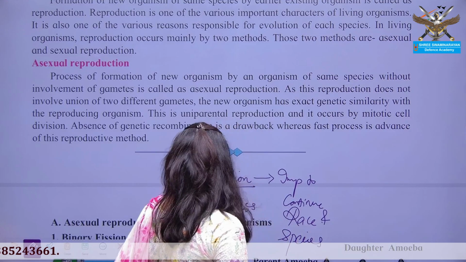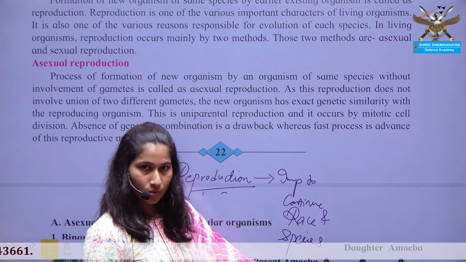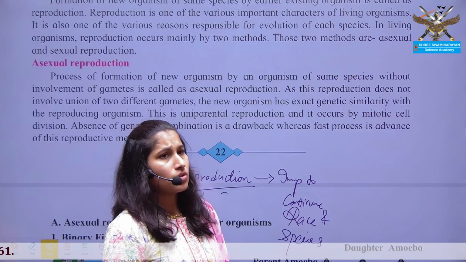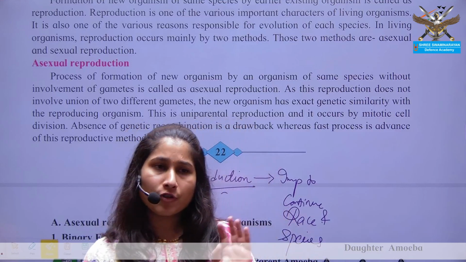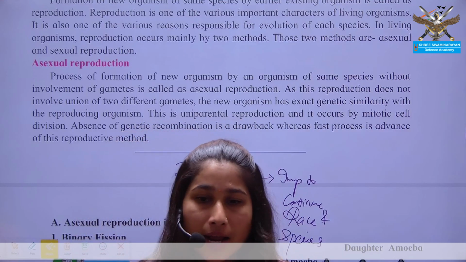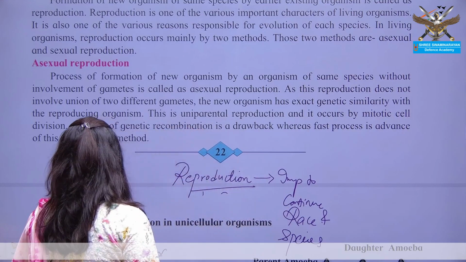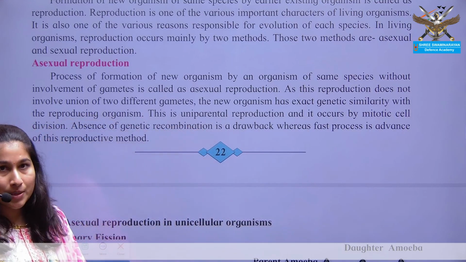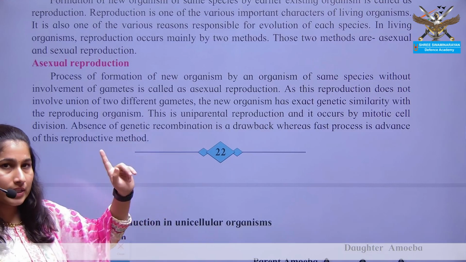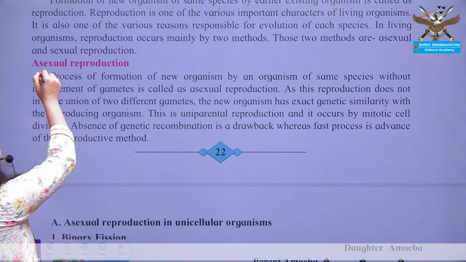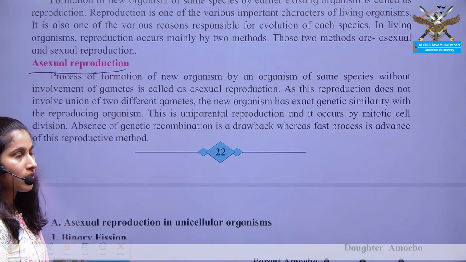While reproducing, different kinds of organisms acquire different kinds of methods. So first we will discuss asexual reproduction.